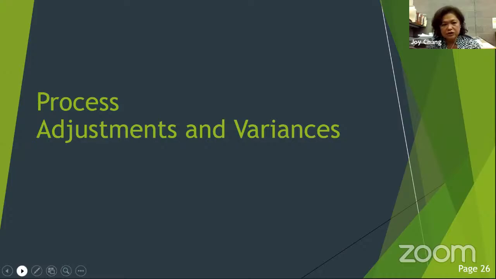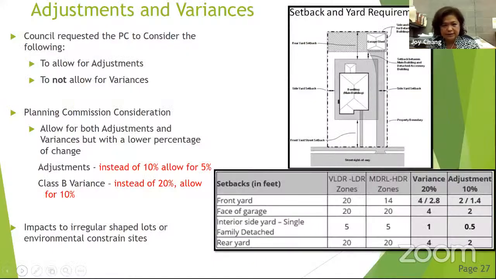There were questions tied to adjustments and variances. Council requested that the planning commission consider allowing adjustments, but not variances. Planning commission did their consideration, and they suggested instead of not allowing variances, allowing both types of modifications, adjustments and variances, but possibly lowering the percentage.